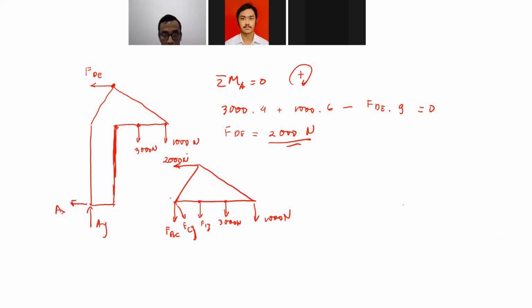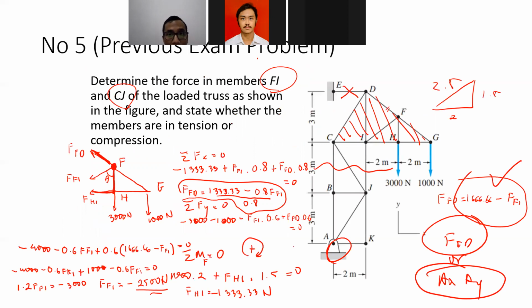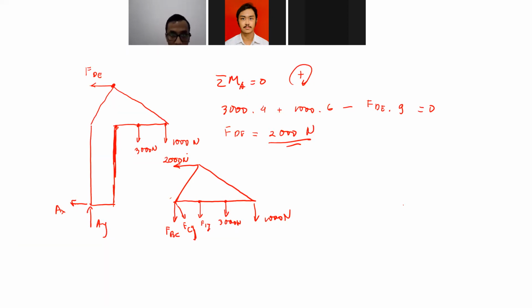Yes. And the one that is in question is CJ. CJ is this one. We do not need to solve for FBC and FIJ. So in order to solve for CJ, which equation are we supposed to use? Remember, we have three: sigma Fx equal to 0, sigma Fy equal to 0, and sigma moment equal to 0.